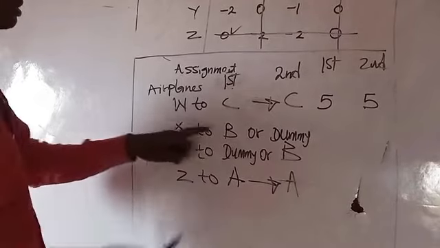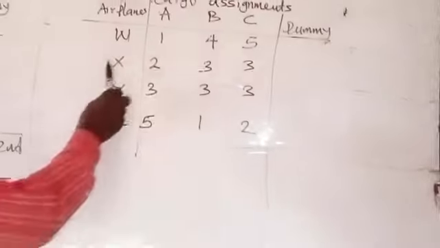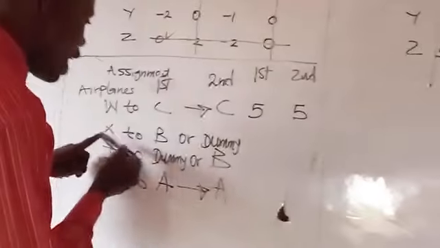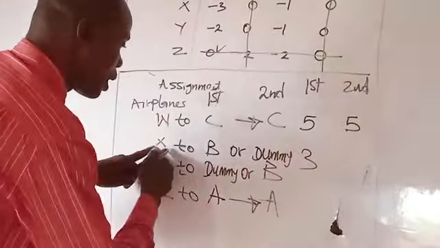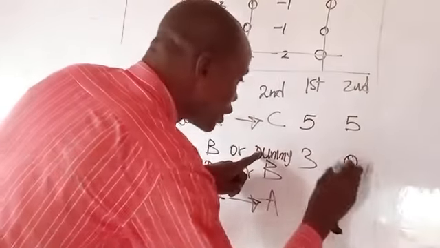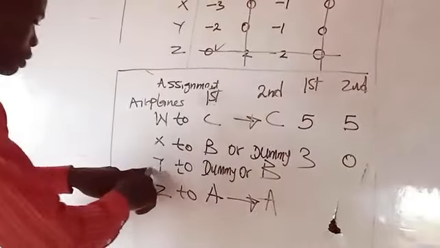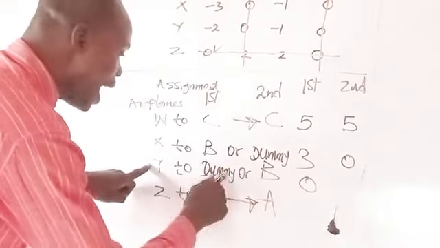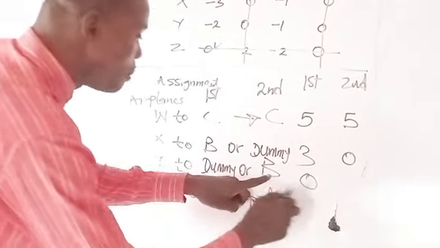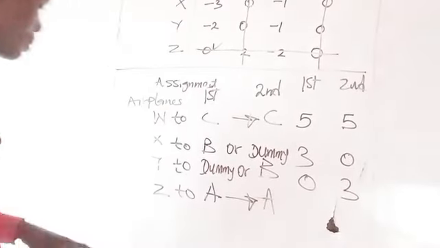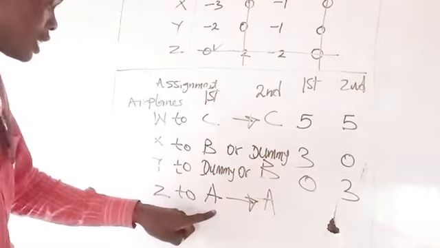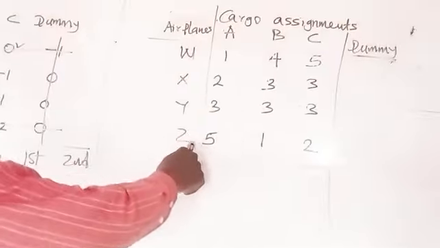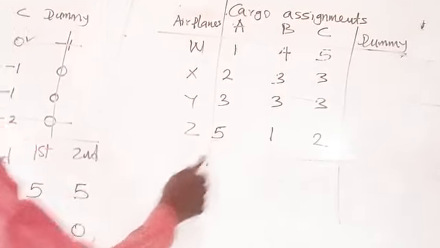X to B, 3. Or X to dummy, profit for dummy is 0. Y to dummy, dummy is 0. Or Y to B, you know profit for B is 3. Z to A, which is 5.